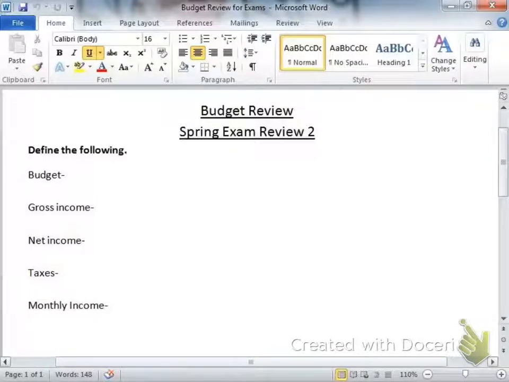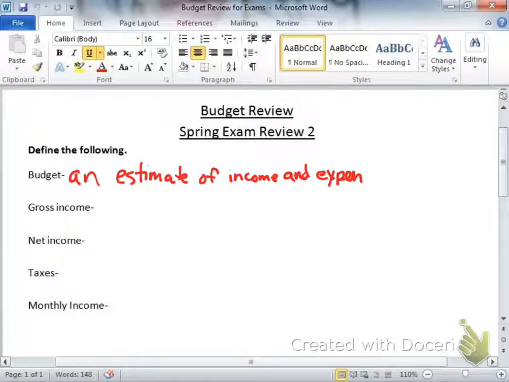So the definition for budget: a budget is an estimate of income and expenses for a set period of time.